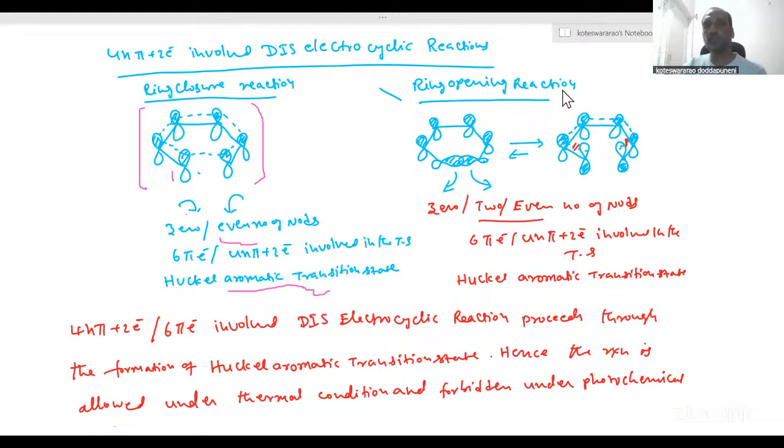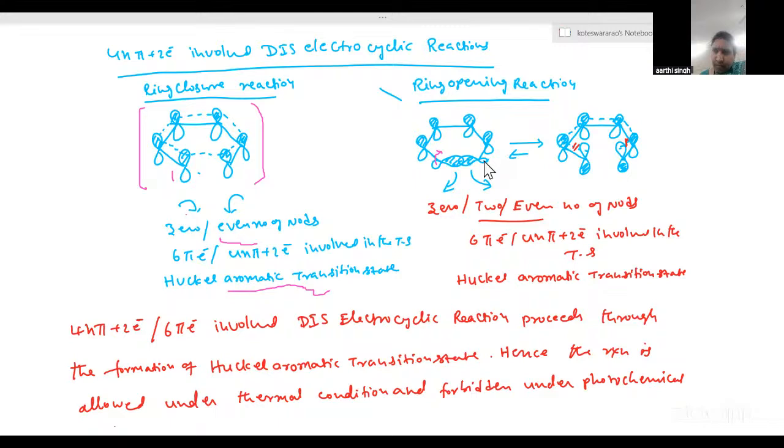In the ring opening reactions, this is the closed system, and a basis set is taken. At the second end it is undergoing anti-clockwise rotation, and at the first end clockwise. Then it leads to the formation of this transition state. Look here: this outside lobe is moving above, and on rotation it is also anti-clockwise at the second end.